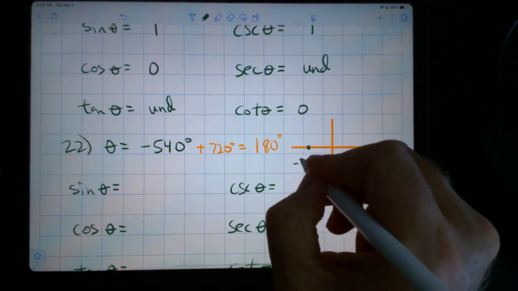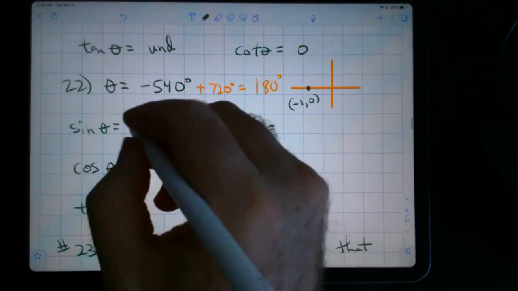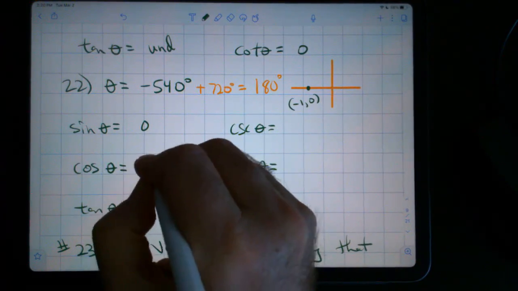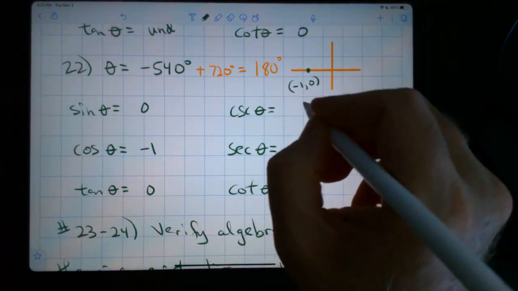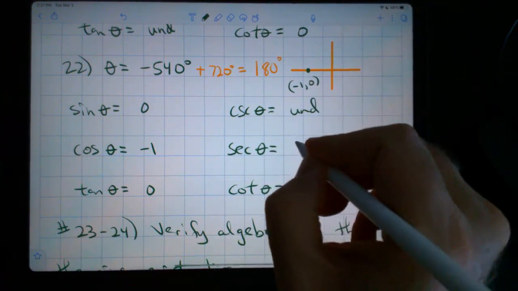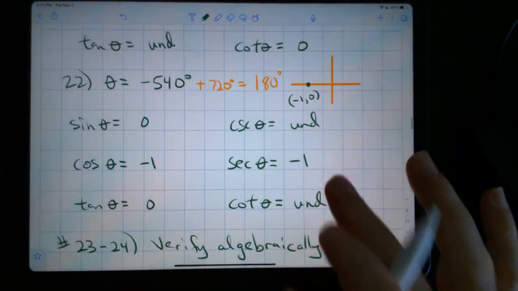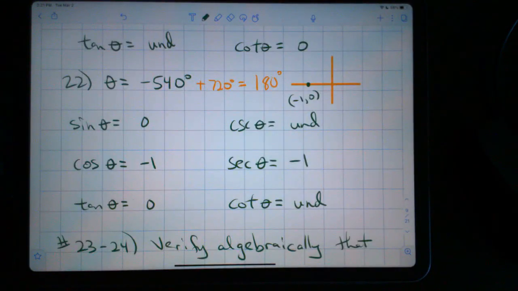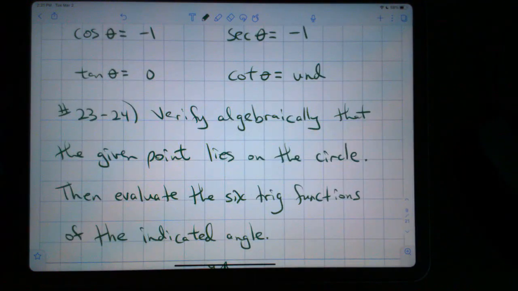This is at negative 1, 0. So sine is 0, cosine is negative 1, tangent is sine over cosine, cosecant is the inverse, secant is negative 1, and cotangent is the inverse. Okay.